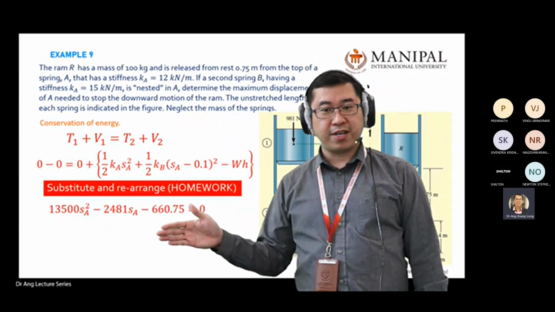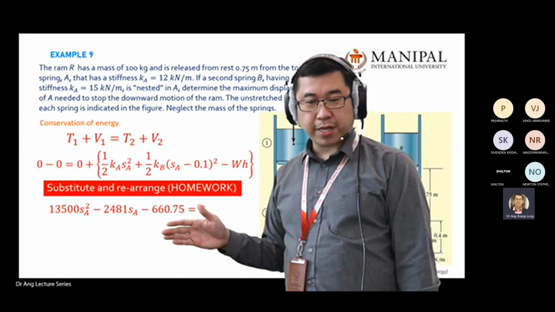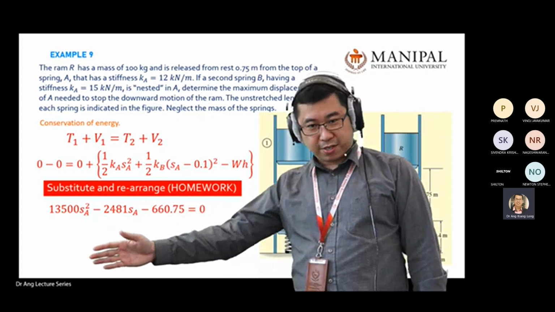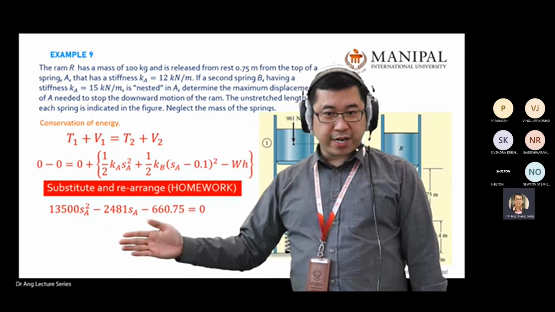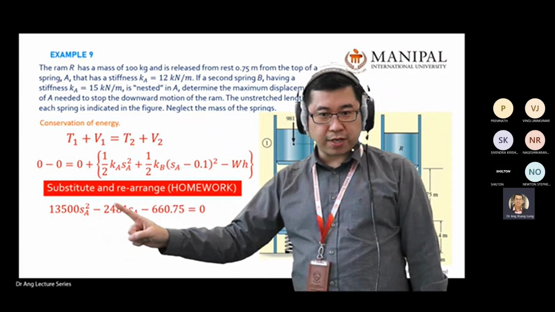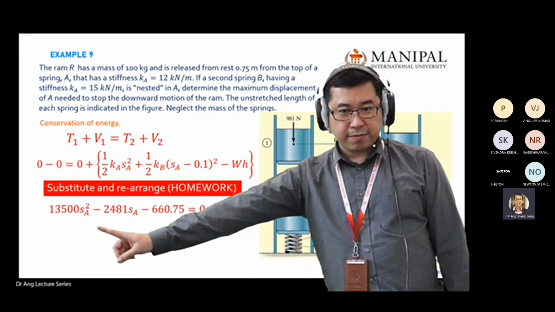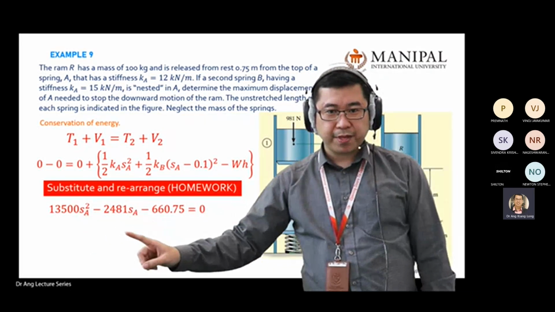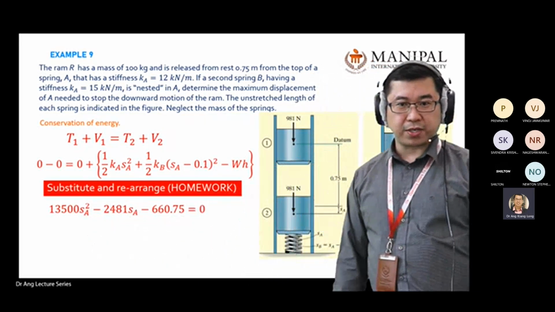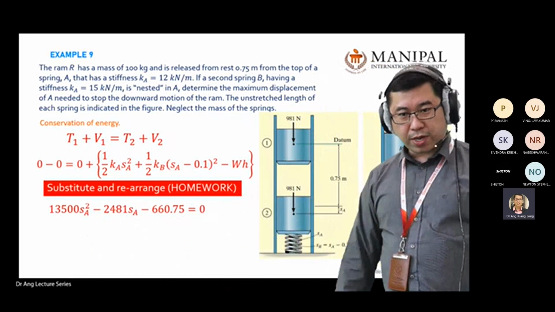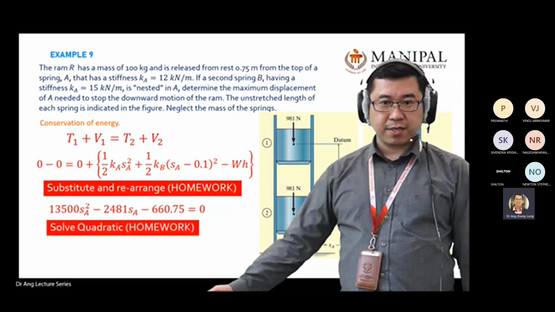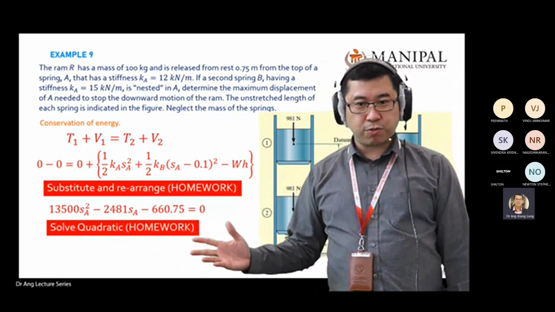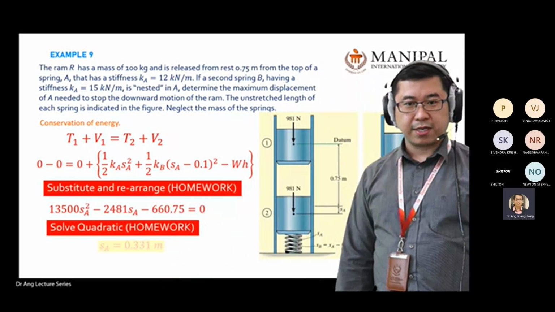I believe you are learning advanced mathematics or mathematics 2 or even calculus, solving quadratic equations, right? Assume this one is your x. Find the roots for the quadratic equation. That one also I will leave as your homework, because I assume you already have the knowledge of solving quadratics.